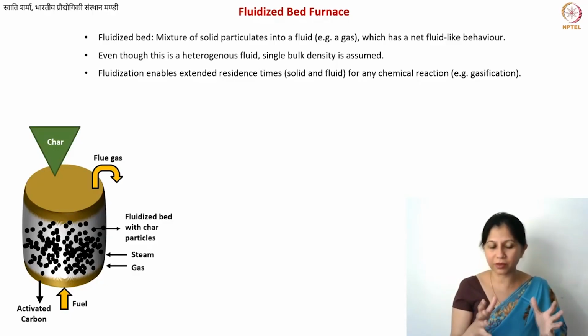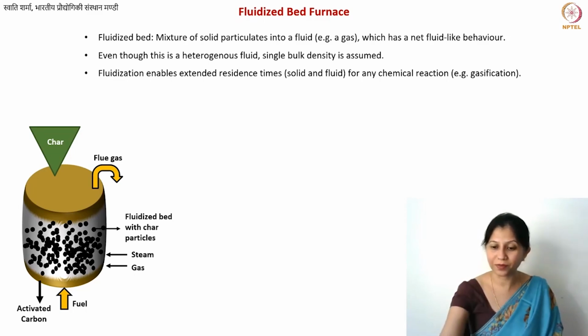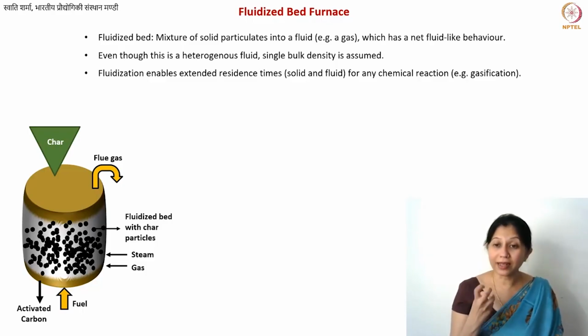So the idea is that you have this mixture of fluid and solid, and there is almost always a continuous turbulence created. So at all times the particles are suspended in that fluid.